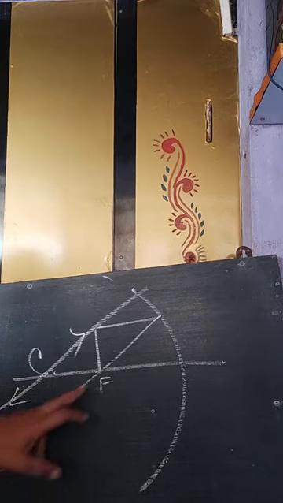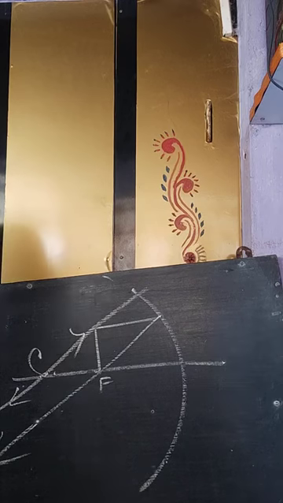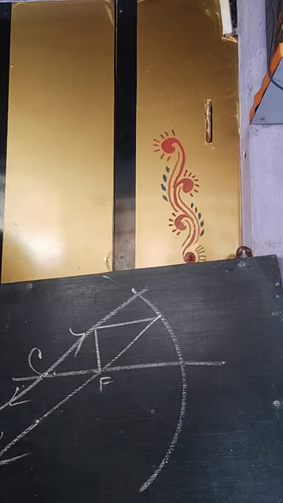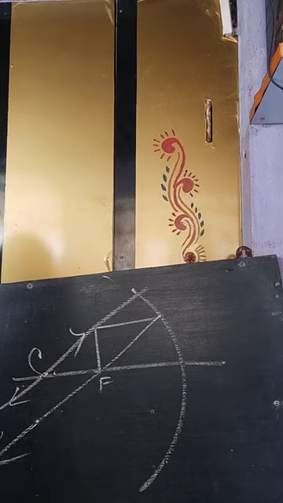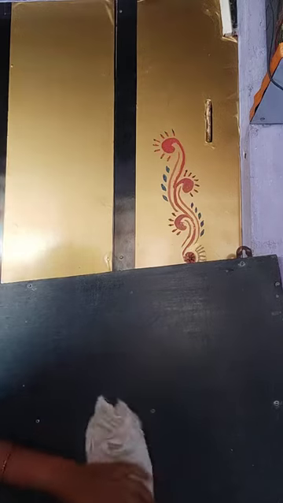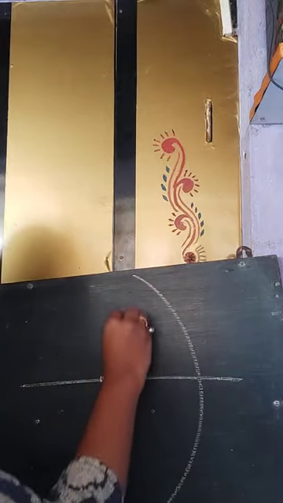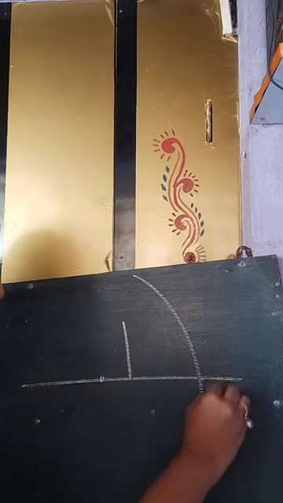So if the object is at the focus, the image will form at infinity and it will be magnified as well as real and inverted. And the last and most important case is that the object is placed in between the focus and pole.